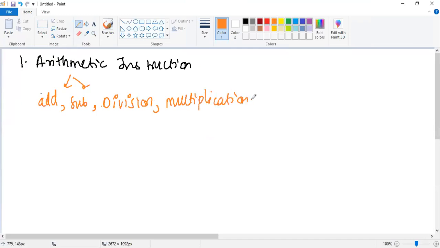But in 8085, as of now what we are learning, you have instruction for only add and subtract. You don't have any instruction for your division and multiplication. You only have instruction for your addition and subtraction. Now let's see the instruction for these two.